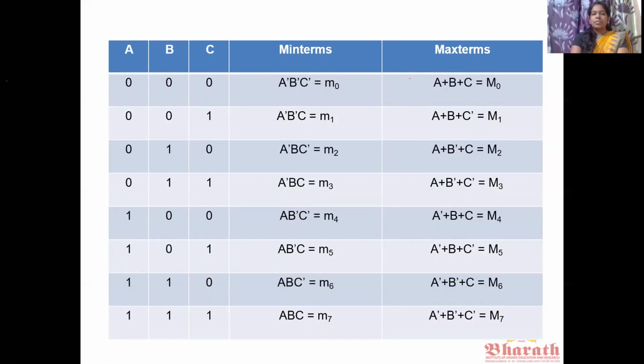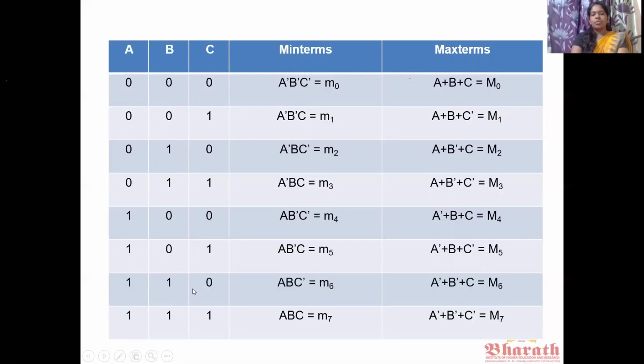So min-term, as I already told, 0 means complement. SOP is nothing but product terms. So A complement, B complement, C complement. Here this one is A complement, B complement, C is 1, so just put C. 1 means normal form, 0 is complement in min-term. A complement, B, C complement.